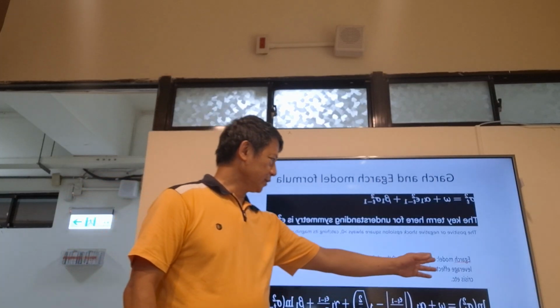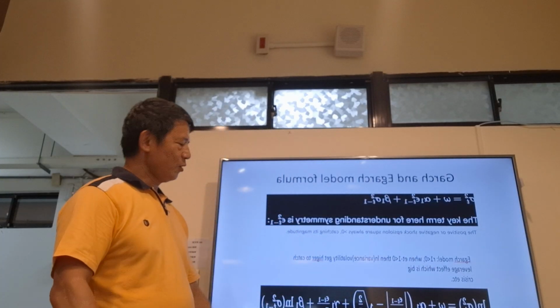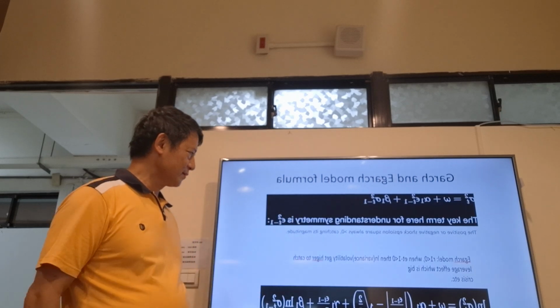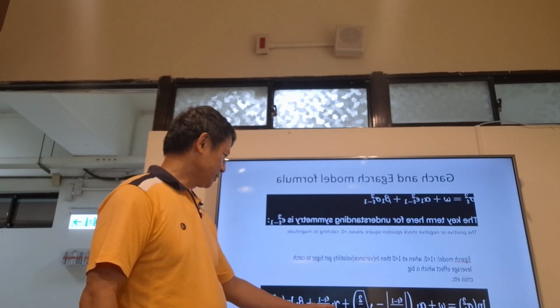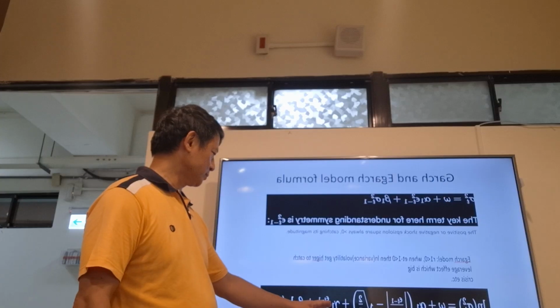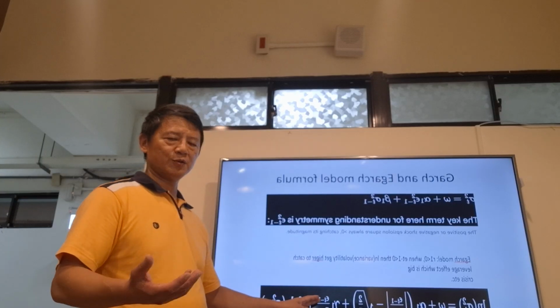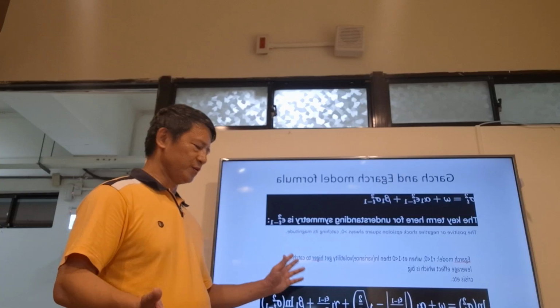But the EGARCH model can capture volatility or bad news well. Why is that? Because in this formula, this gamma 1 is smaller than 0, and epsilon t minus 1 being smaller than 0 means there's bad news.